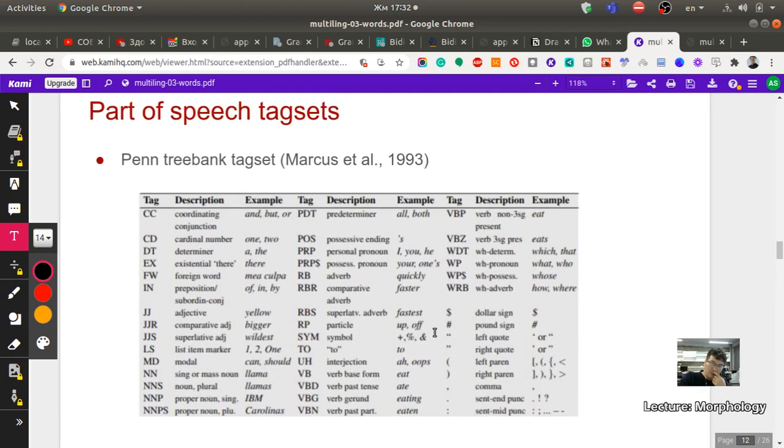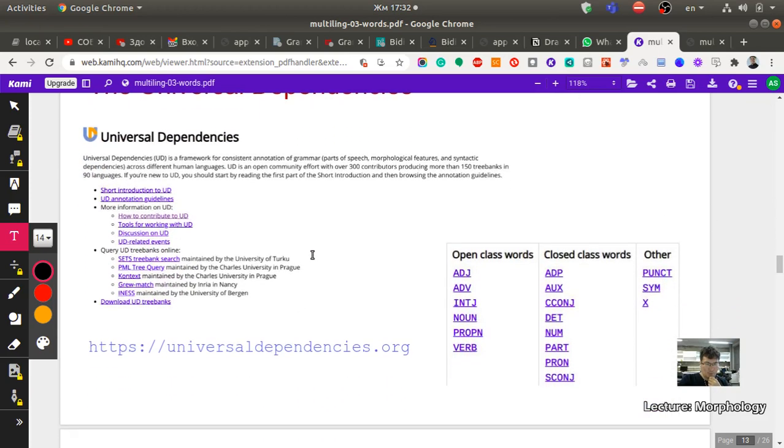Part of speech tag sets. You can see this is an abbreviation which is used in most tag sets when you have to tag words. Also Universal Dependencies. So this is like universal.